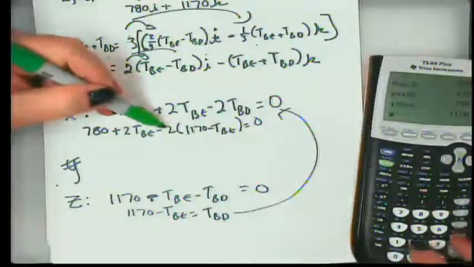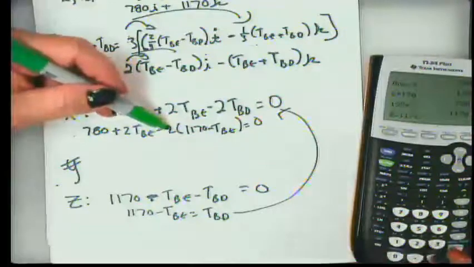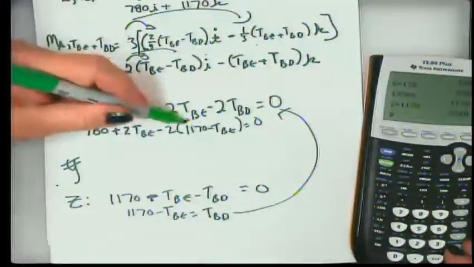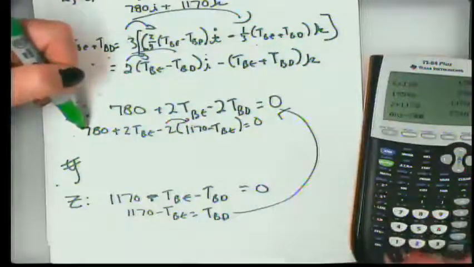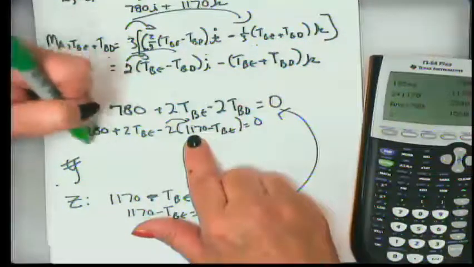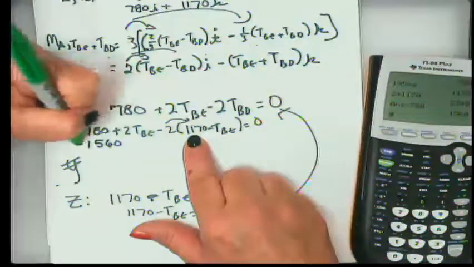So when I take 2 and multiply it by 1170, I get negative 2340 for this. And then I add to that 780. So the sum of my constants is 1,560, and my sign is negative.